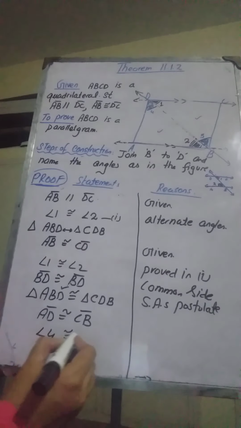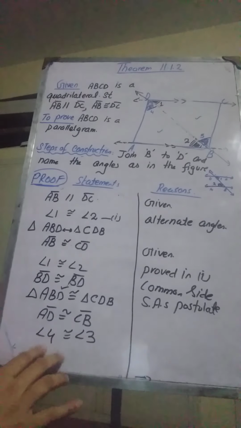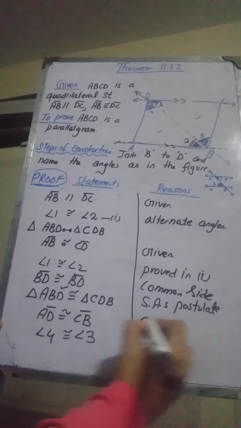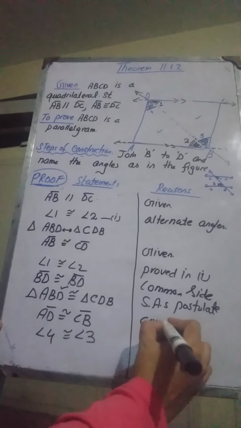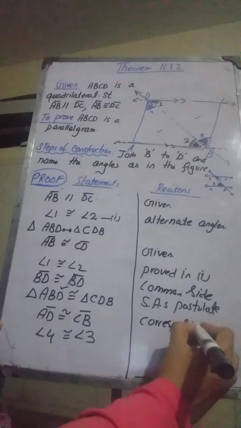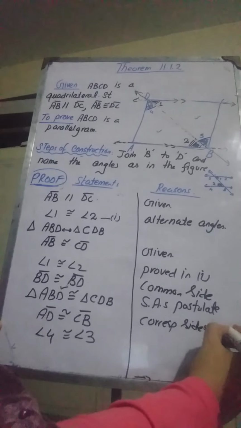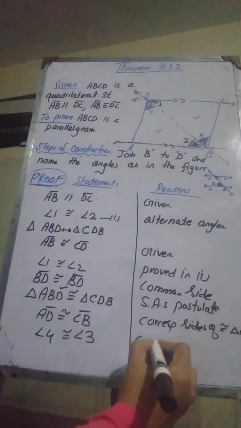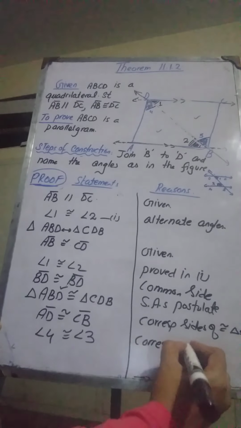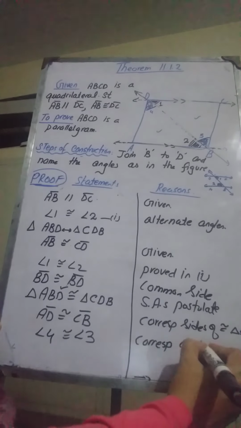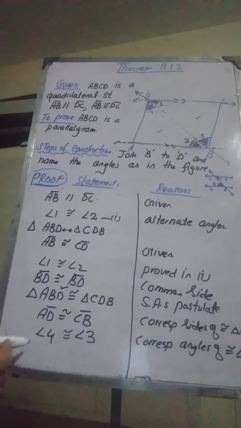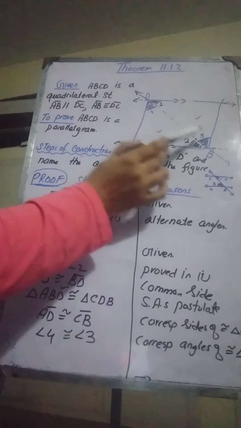So these two angles are also going to be the same. This is because of corresponding sides of congruent triangles, and these are because of corresponding angles of congruent triangles. So we have proved that angle 4 is also equal to angle 3.